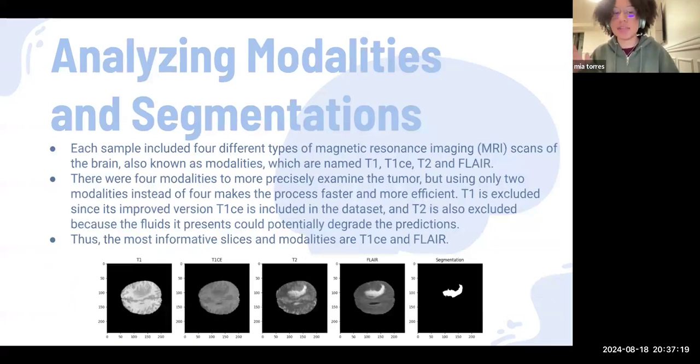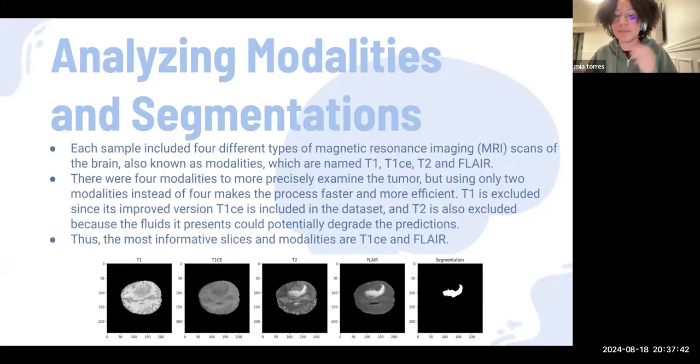Next, we had to analyze the modalities and segmentations. The modalities are the pictures on the bottom here. They're different types of MRI scans called T1, T1CE, T2, and FLAIR, and they're different ways to examine the tumor.